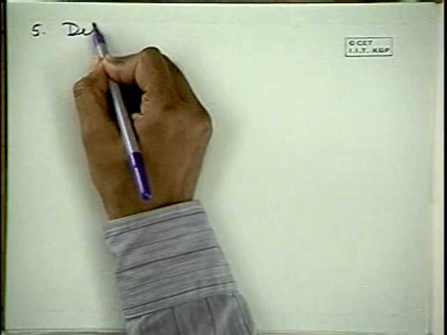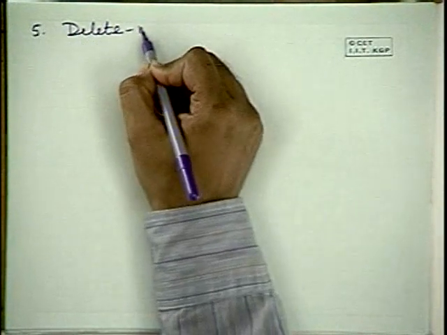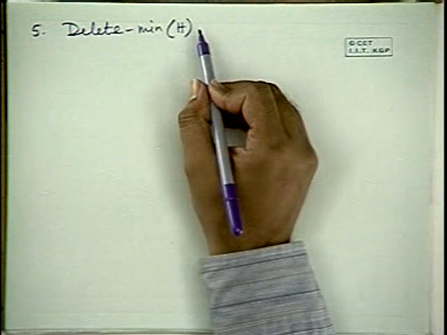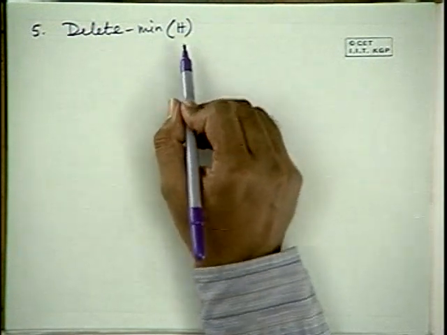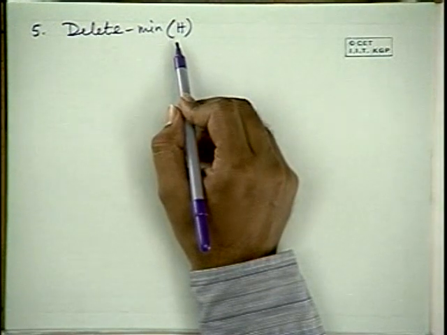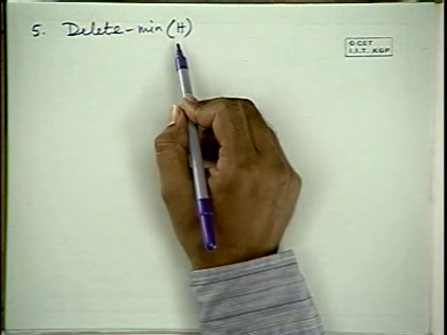So this is the fourth operation we had. Now comes the fifth operation, which is the delete min operation, delete min H. So let me recall. It means we have to delete the minimum element from the heap H and readjust the heap.